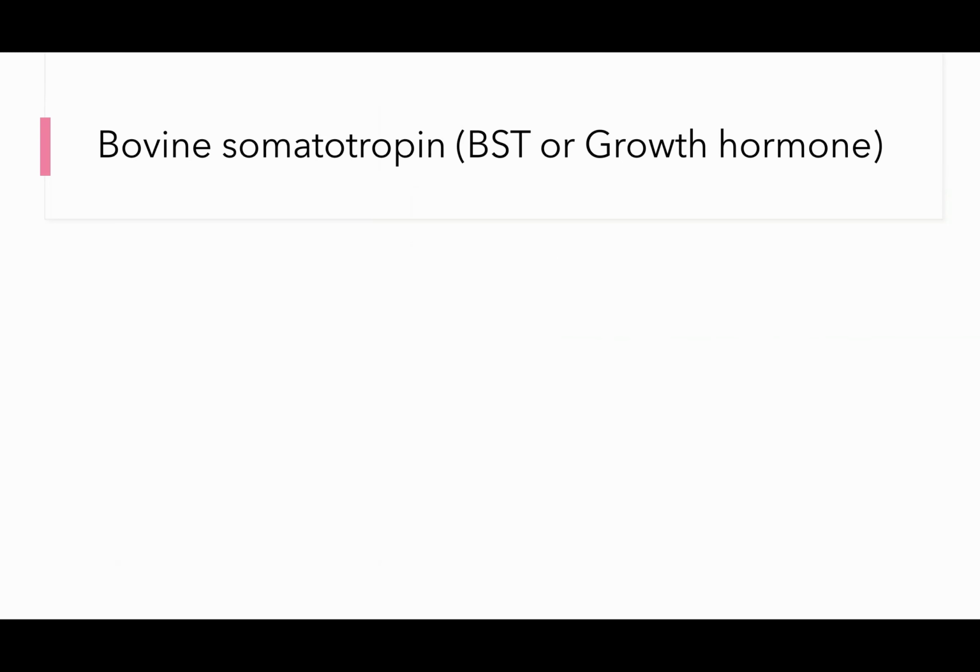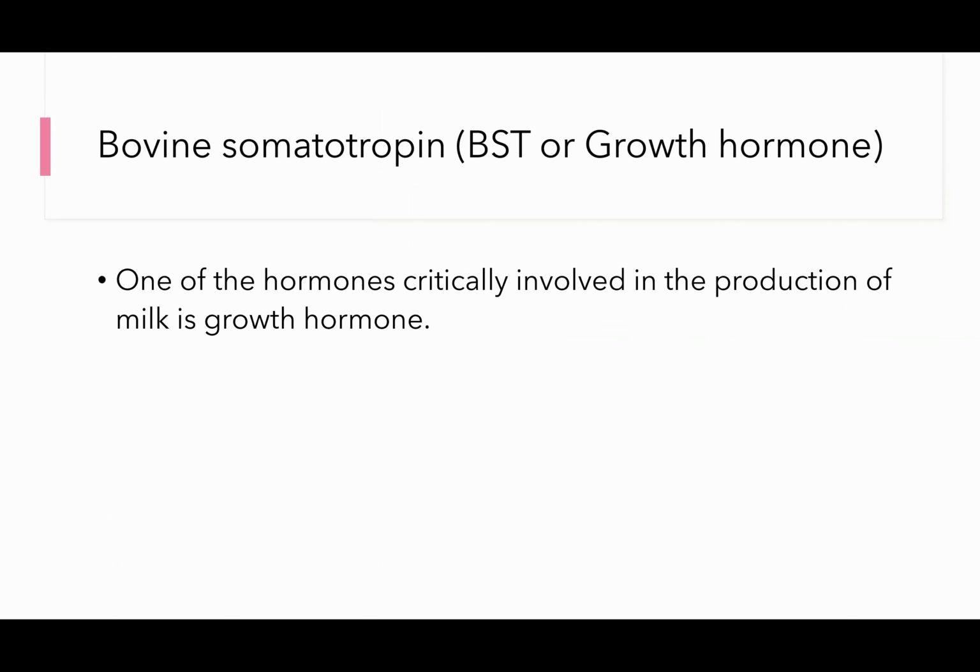Now, bovine somatotropin, BST, is also known as growth hormone and is commonly used within the industry to help increase milk production. BST is a naturally occurring hormone involved in the production of milk.